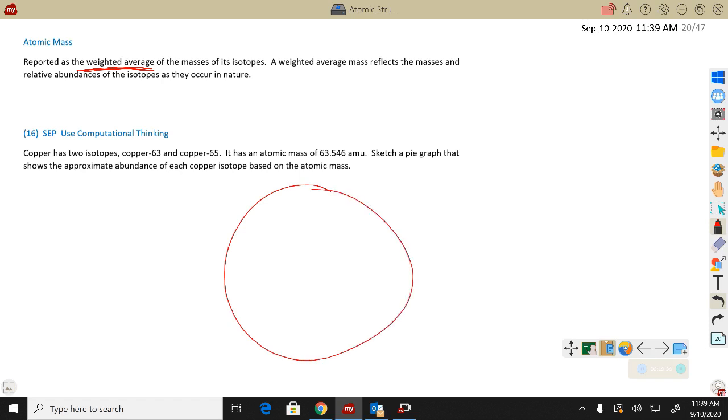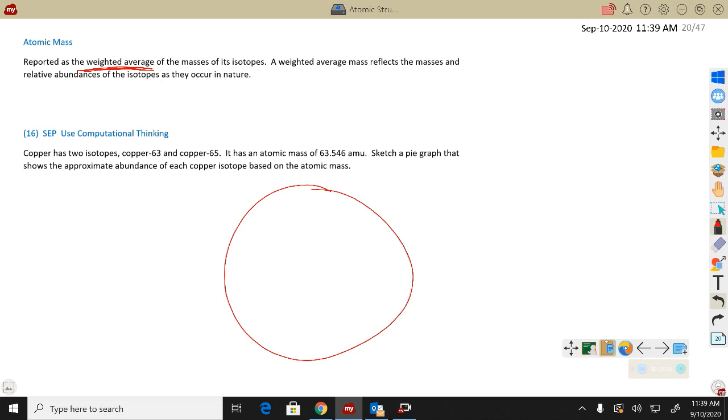Okay, so it's kind of a circle. 65 and 63. So there's 2 units difference. And then I look at my average mass and it's about 63.5-ish. The isotopes are 2 units different, and the mass goes up by about 0.5.